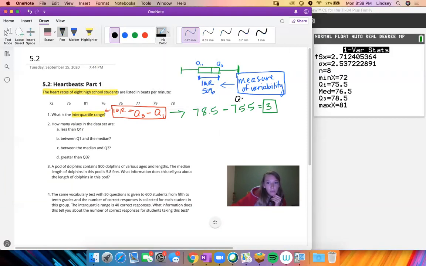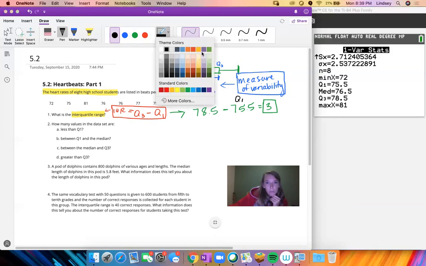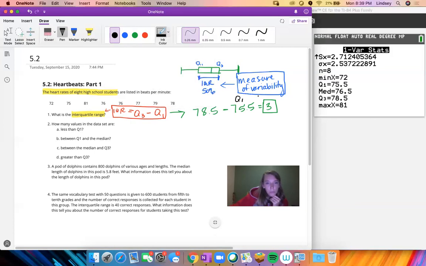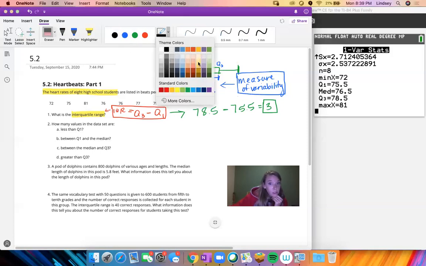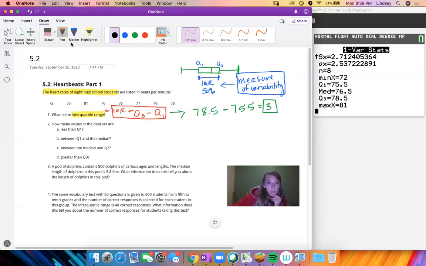This is our Q1, and that's my Q3. How many values in the data set are less than my Q1? 75.5 was my Q1. So I have 2 values.